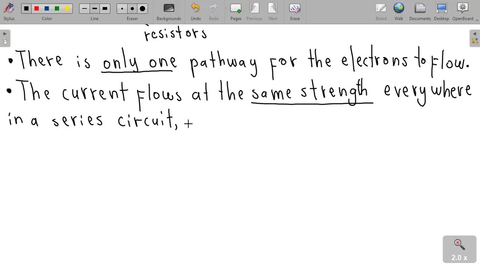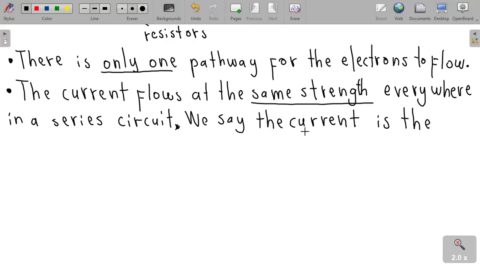We say the current is the same at all points in the circuit.